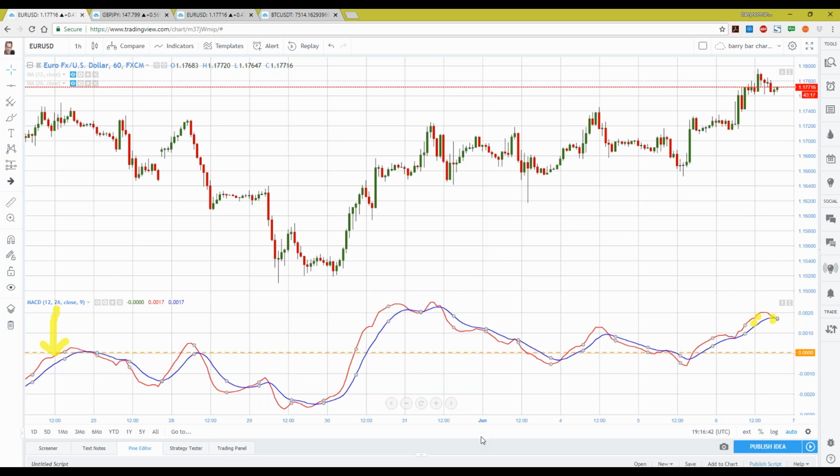Enter and exit, or buy and sell signals, whichever you like to call them. It's telling us to make a transaction. It's not analyzing it. It's not telling you how strong it is, and it's not telling you how far it's going to go in that direction. It just tells you when it crosses over.